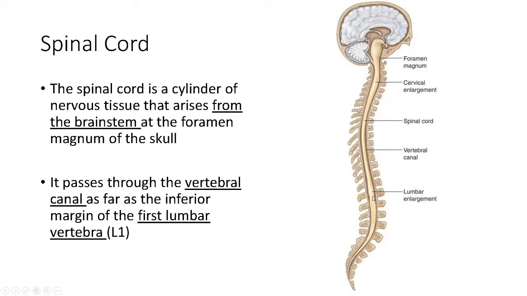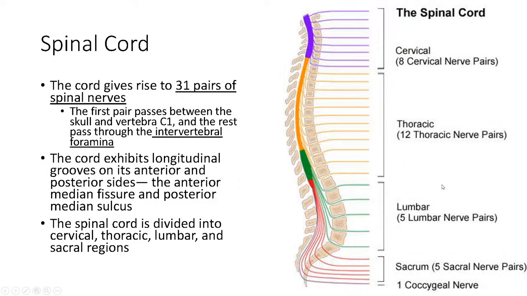And at L4, the spinal cord will actually terminate. And what we have is this structure known as the cauda equina, which is made up of many spinal nerves that continue down the vertebral canal from there. And we should have a better picture of that.